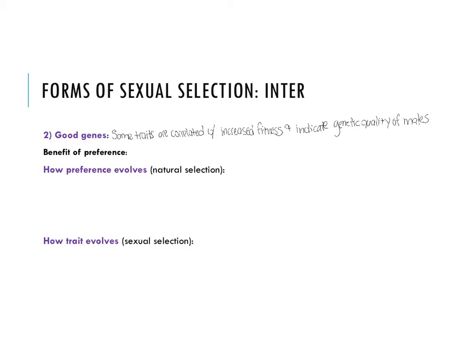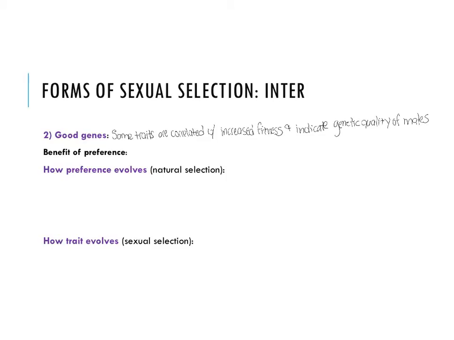Red is often an honest, what we call an honest indicator. It really is telling you about the fitness, the quality of that individual. And that is because red is not something the body can make itself.